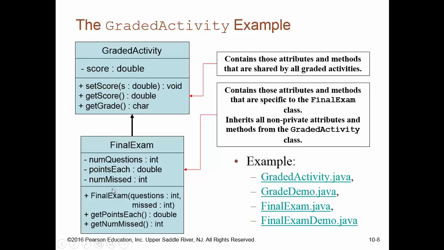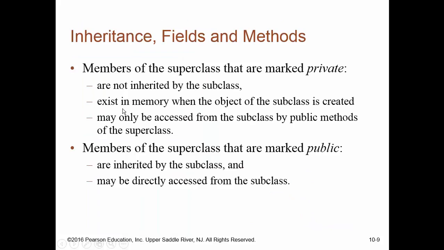All right, so all the stuff you see down here, num questions, points each, num missed, the final exam constructor, get points each, get num missed, these things are specific to a final exam. But final exam, since it's a child of graded activity, also has set score and get grade, which gives it access to the score. Members of the superclass that are marked private are not directly inherited by the subclass.